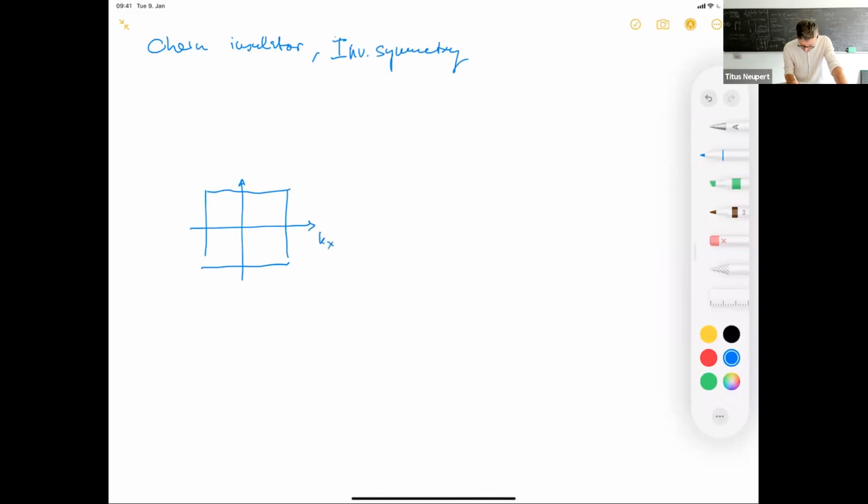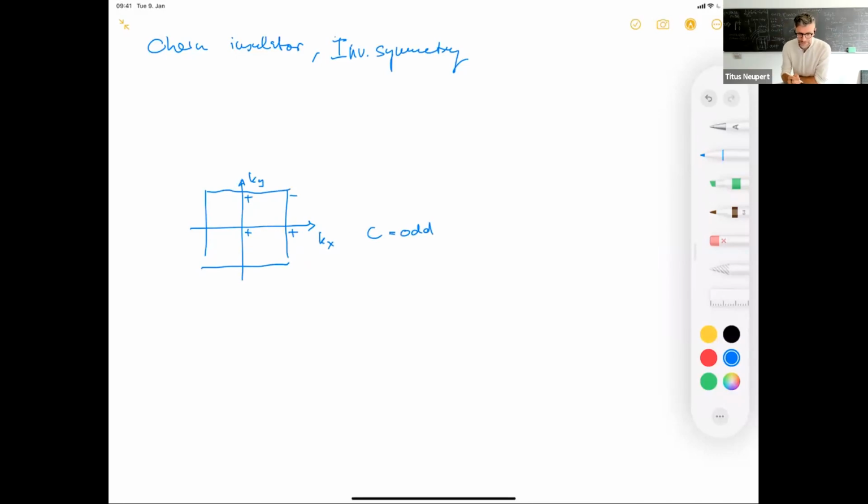So if we have the Brillouin zone, and the inversion eigenvalues are like so, then the Chern number is odd. That's something we know from theorems, but the question was, can we also relate this to the Wilson loop spectrum?